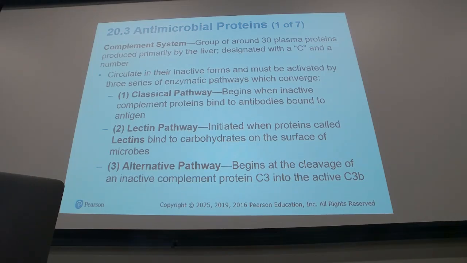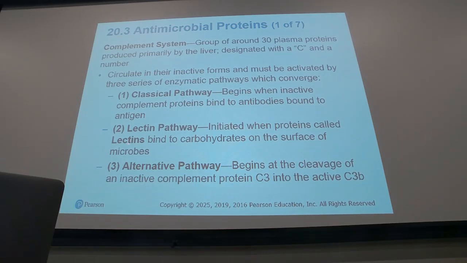So similarly, when the bacteria is coated with these antibodies, it makes it much easier for the macrophages, the cells that eat the bacteria, to eat them. So that's part of the classical pathway, attracting antigen presenting cells to the bacteria by coating them with antibodies.